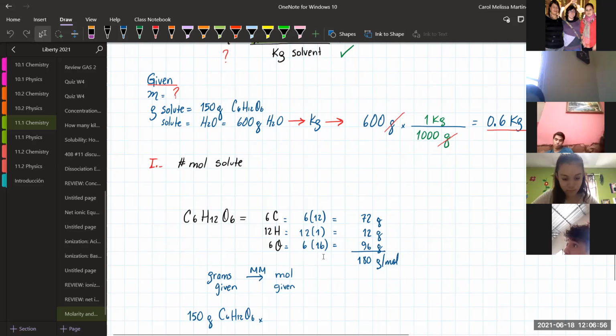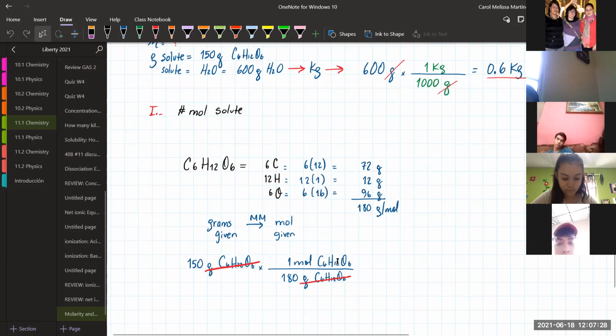That is 180 grams that I have in 1 mole. How much is this? 0.83.